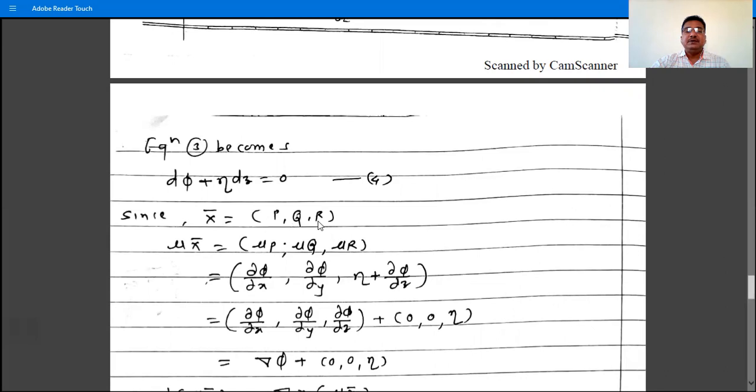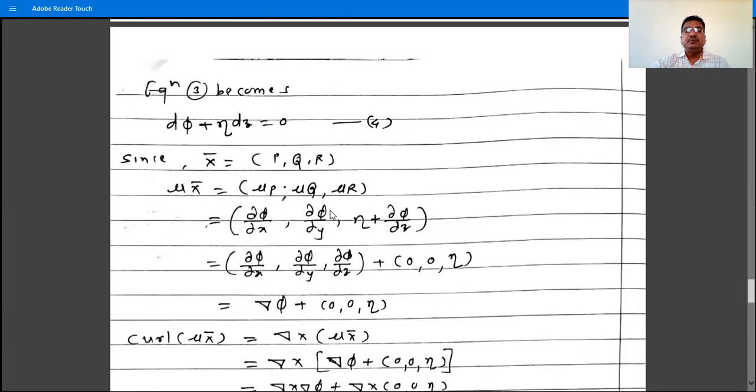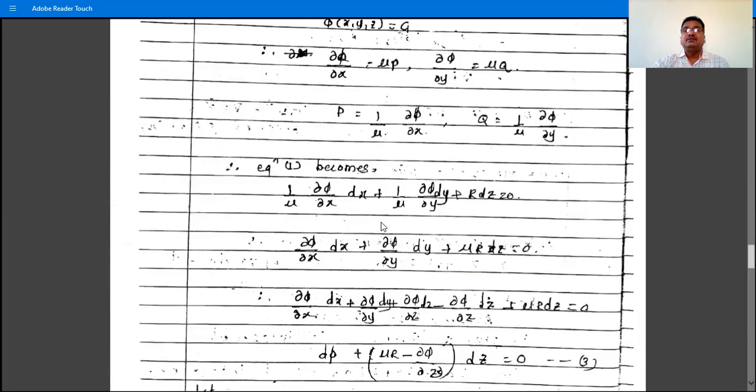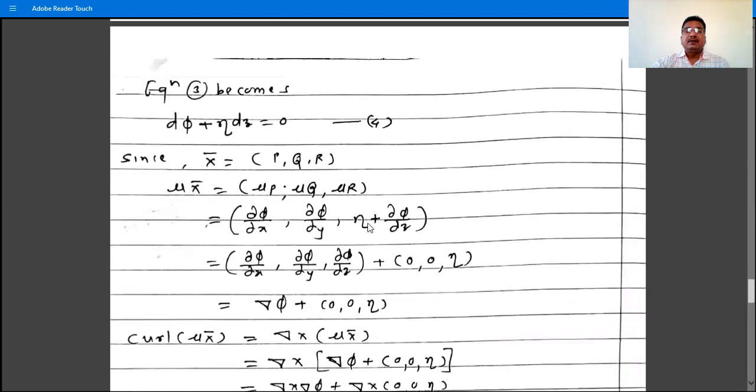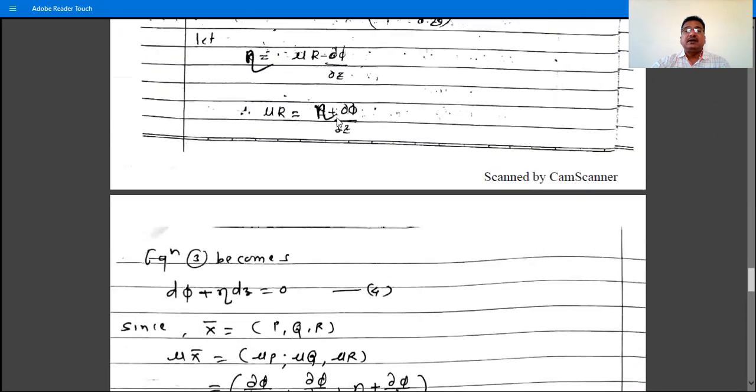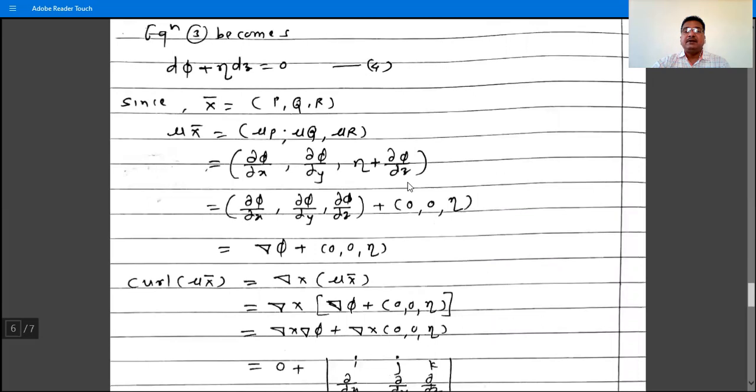Since x bar is the vector (p, q, r), then mu x bar is (mu p, mu q, mu r), and mu p is delta phi by delta x, mu q is delta phi by delta y, and mu r is nu plus delta phi by delta z.